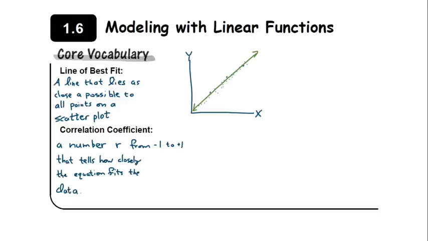Okay? And so here's what we mean by that: if I go back to the earlier example, how closely do all these little points fit the line that we created?